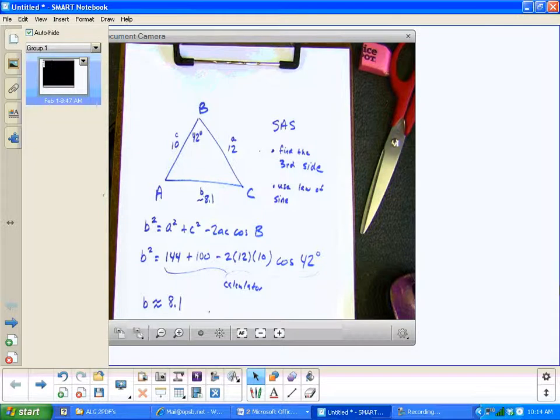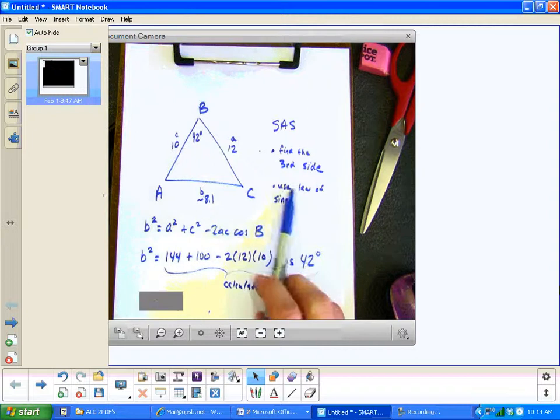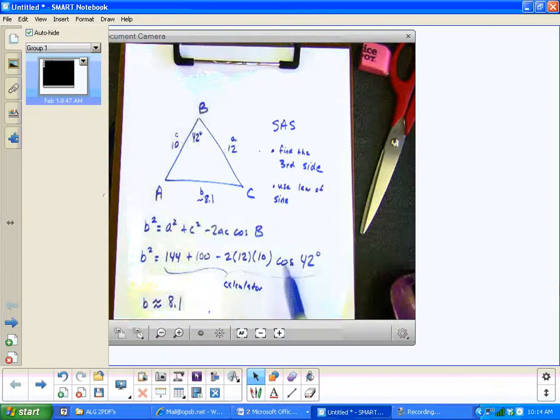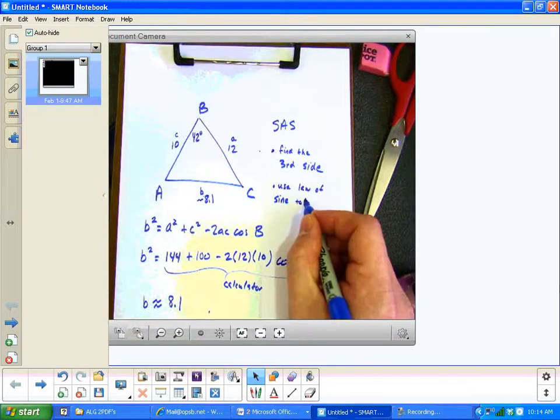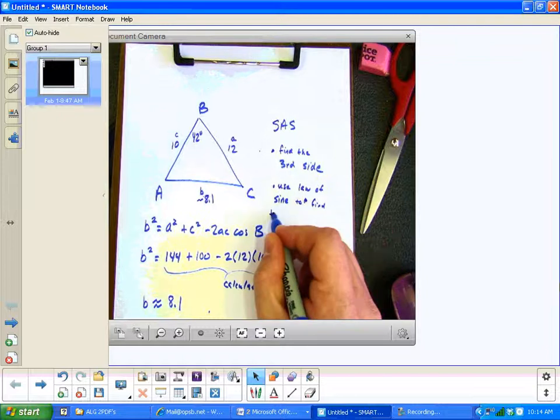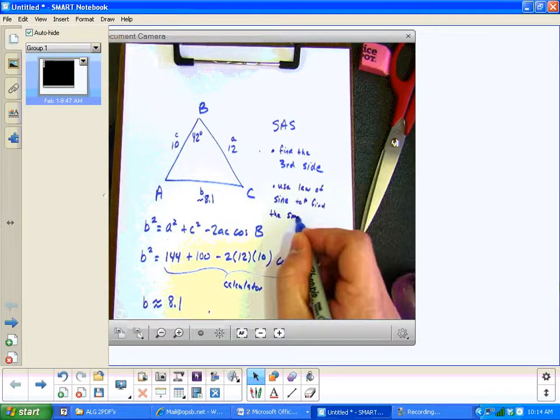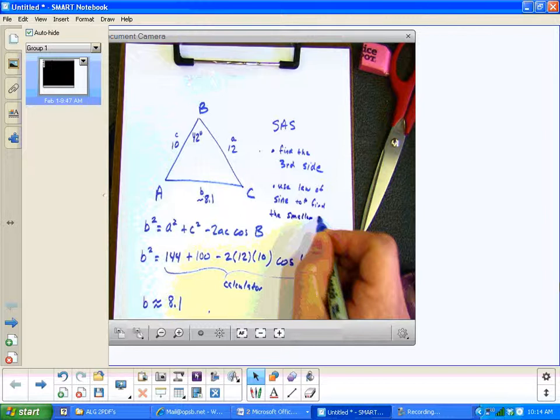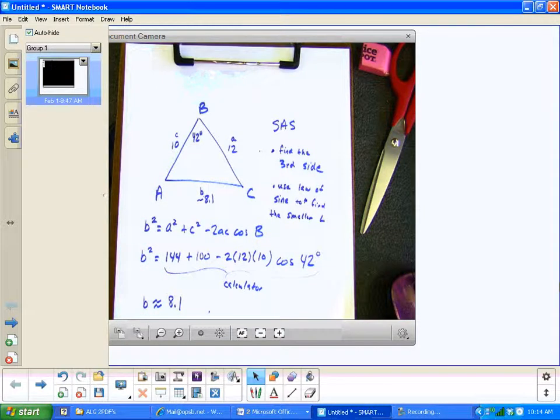So we want to try to stay in the first quadrant. So what I'm saying here is we're going to use law of sines to find the smaller angle. The problem you get into is law of sines will have a difficult time with obtuse angles.